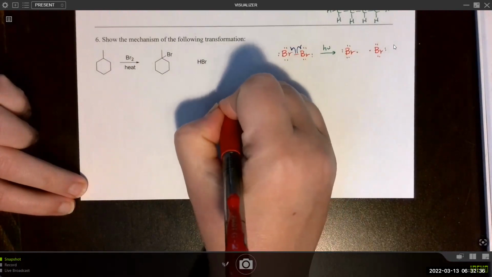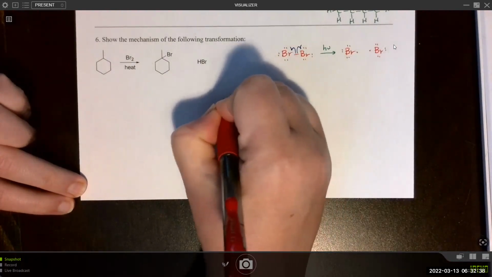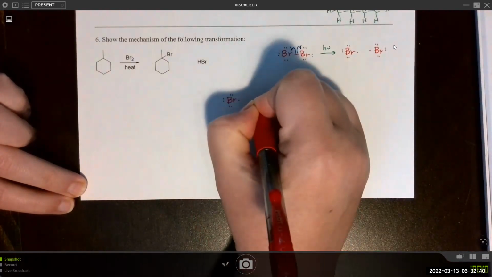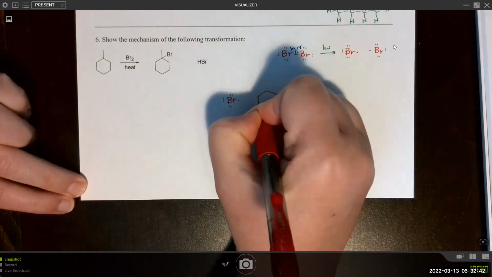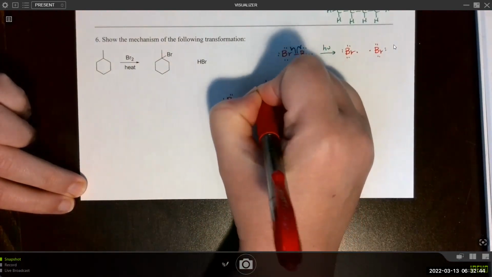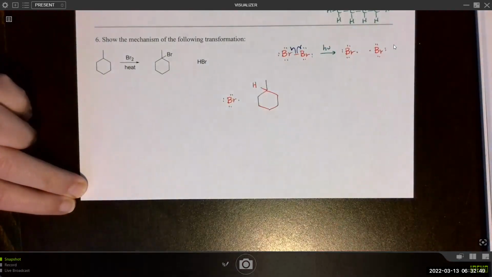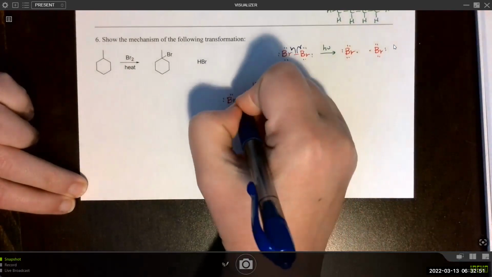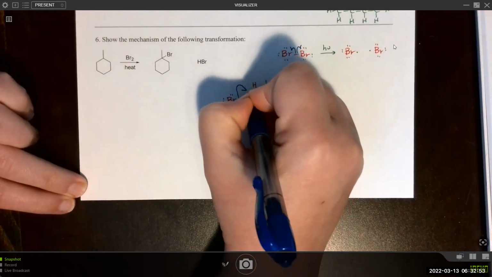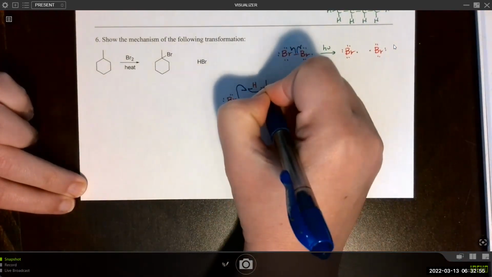The first one is hydrogen abstraction. And recall that the bromination is very selective for the most substituted hydrogen. So we'll do hydrogen abstraction.